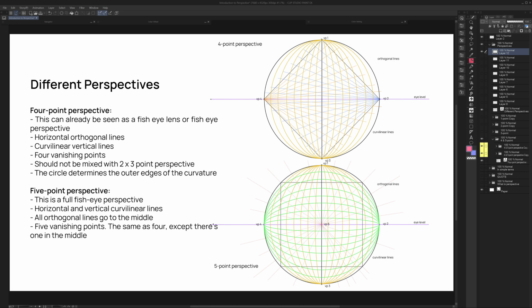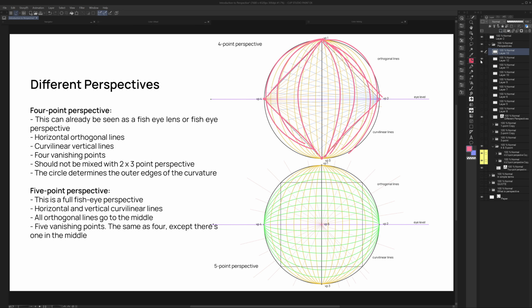Usually the 4-point perspective is created by these equally created vanishing points that create a diamond, and then you do the curves, except that you take the circle into account. That's how 4-point perspective works.